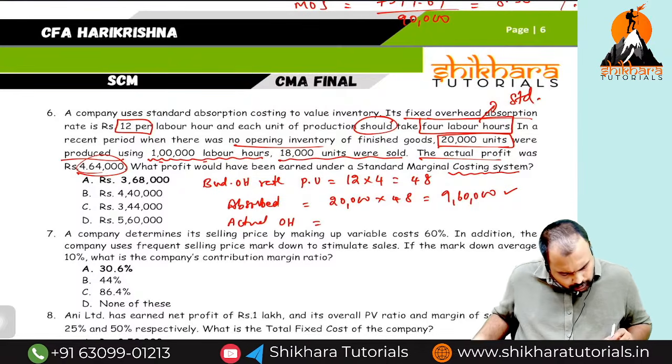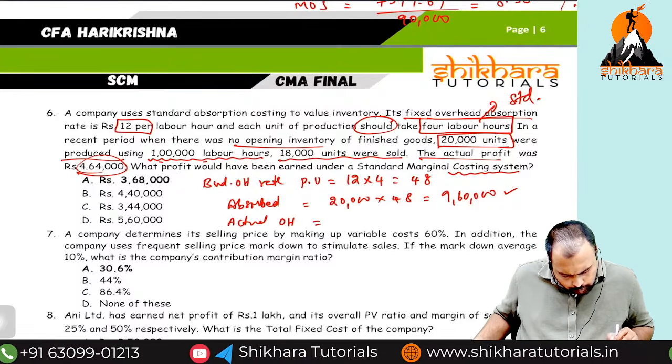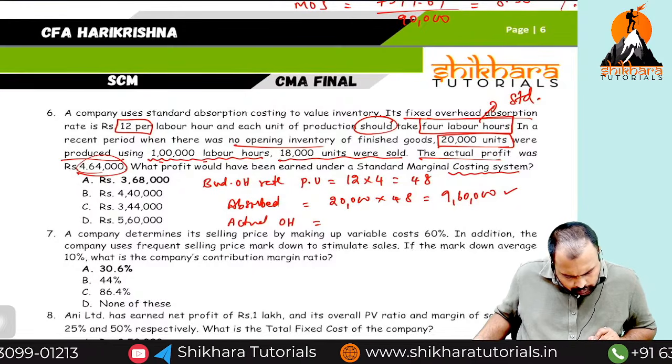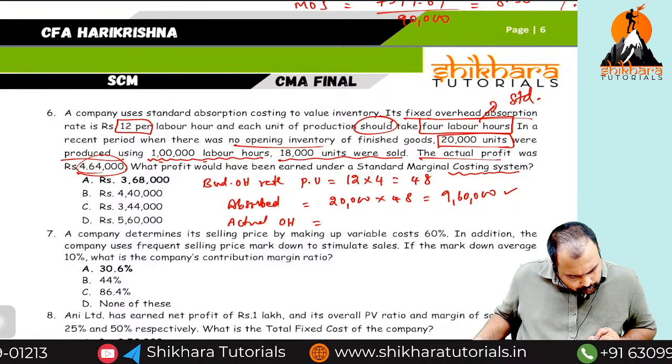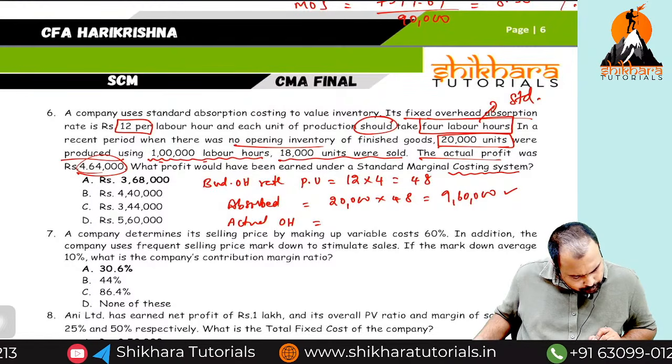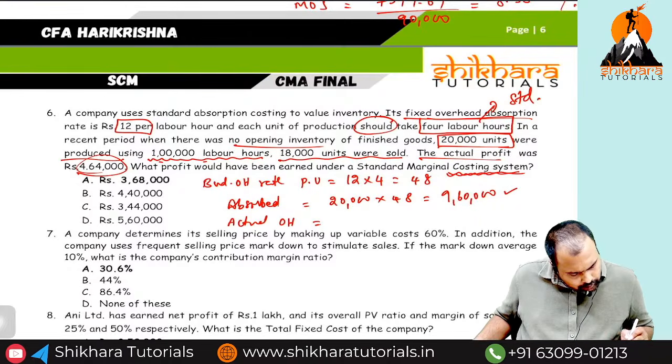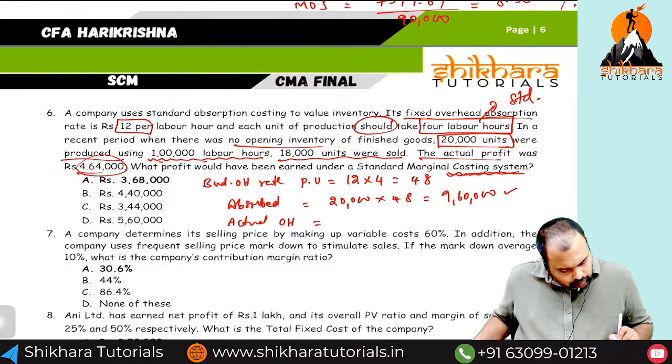Actual overhead has to be for the actual output of 20,000 units. Some information, 1 second. The profit under the standard marginal costing system. Acha, okay.